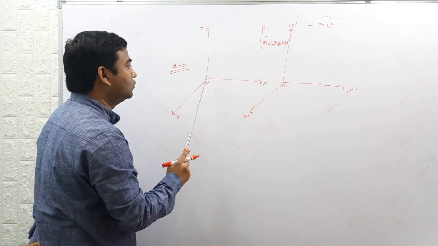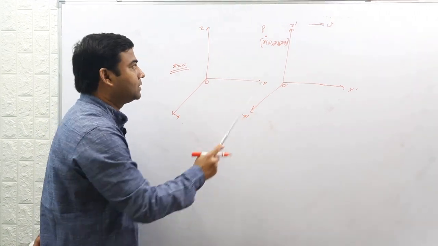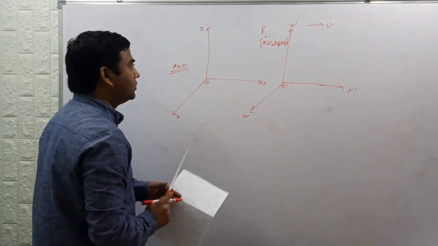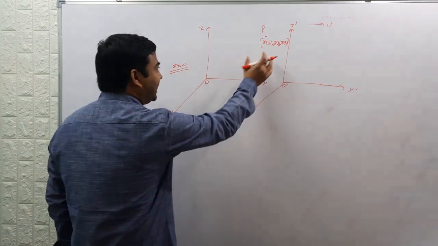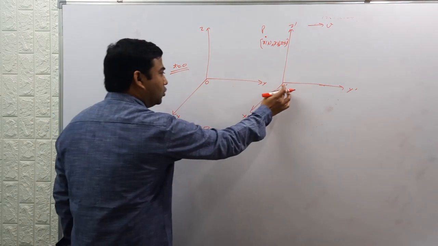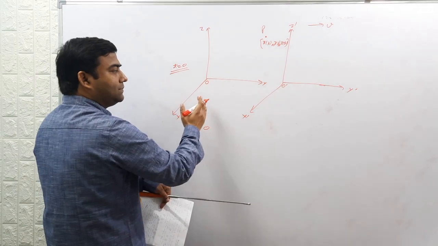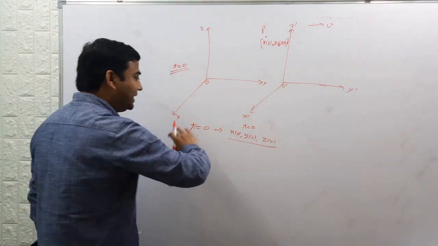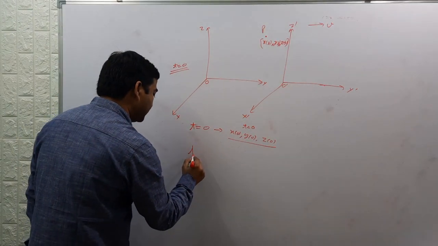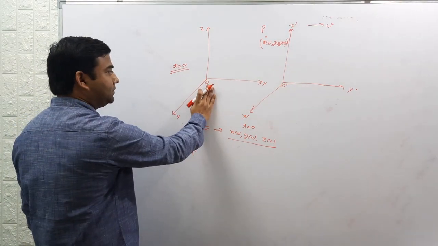Hence this point is moving with respect to this frame as well as this frame. So at time t equal to 0, O was here, both reference frames were at the same position. So let after time t, this frame is fixed.